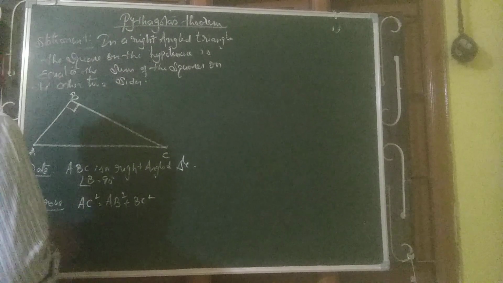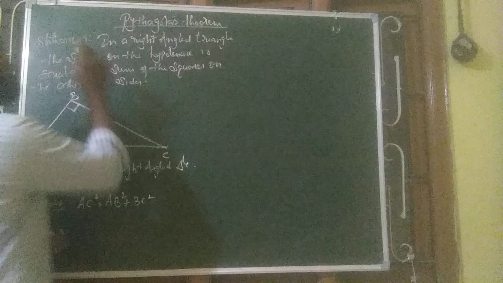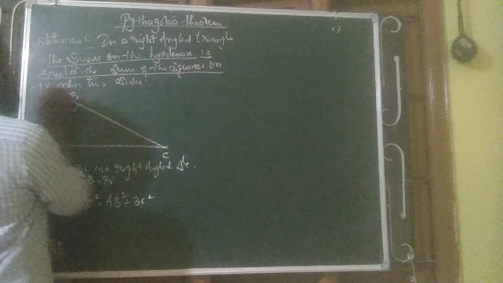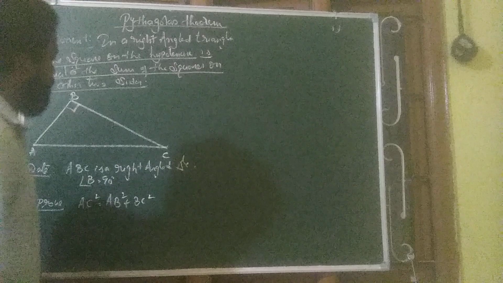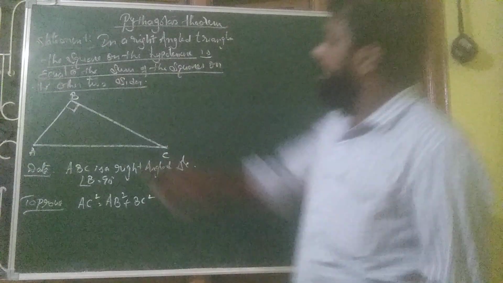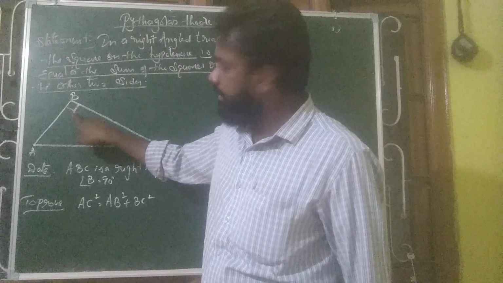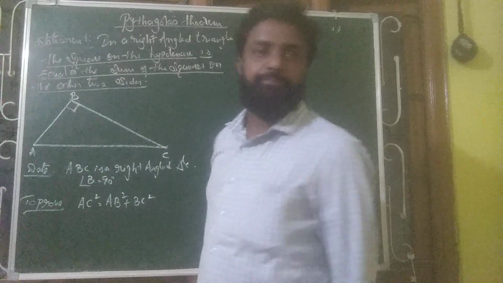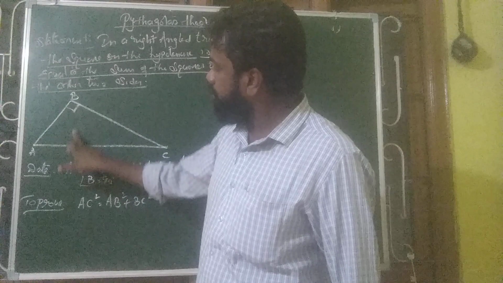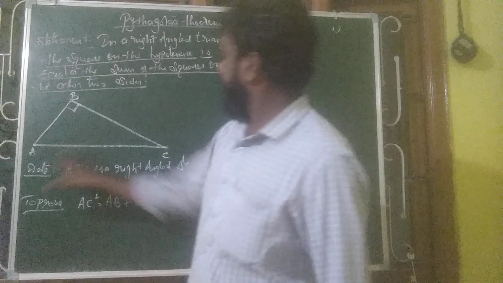To prove is what is given here: the square on the hypotenuse is equal to the sum of the squares on the other two sides. So what is the hypotenuse? In a right angle triangle, the side opposite to 90 degrees is called the hypotenuse. So where is the 90 degree here? This 90 degree is opposite to the side AC.